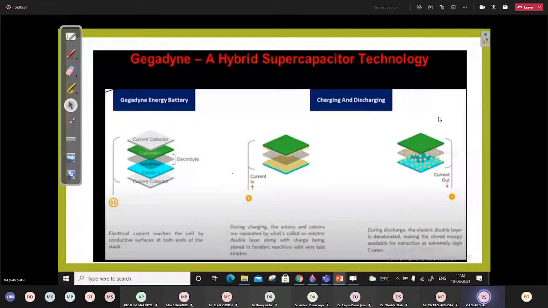Another application is a 450 volt, 28 Farad ultracapacitor pack that has been used for a bus. I have seen that bus running in Beijing, China. At every stoppage, which may be a minimum of 1 kilometer apart, the supercapacitor provides power to the bus for up to 1 kilometer.